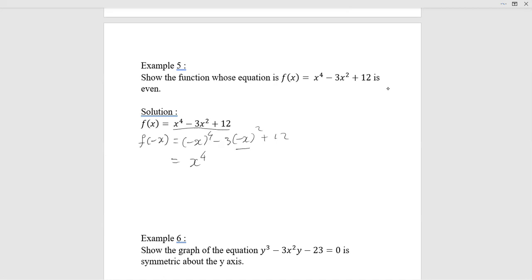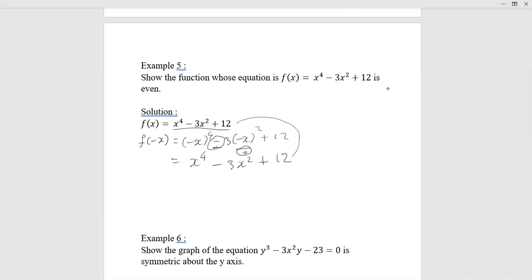This is positive, and this is positive and this negative gives us negative 3x squared plus 12, right? x to the power 4 minus 3x squared plus 12.